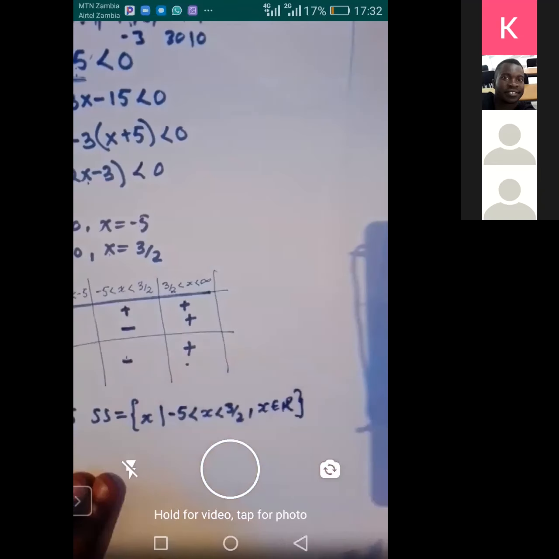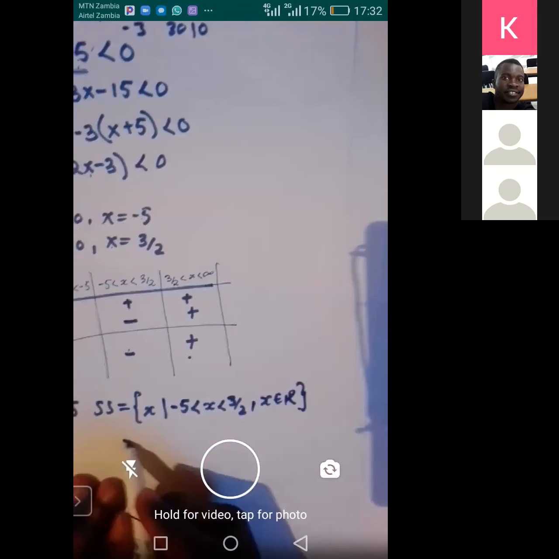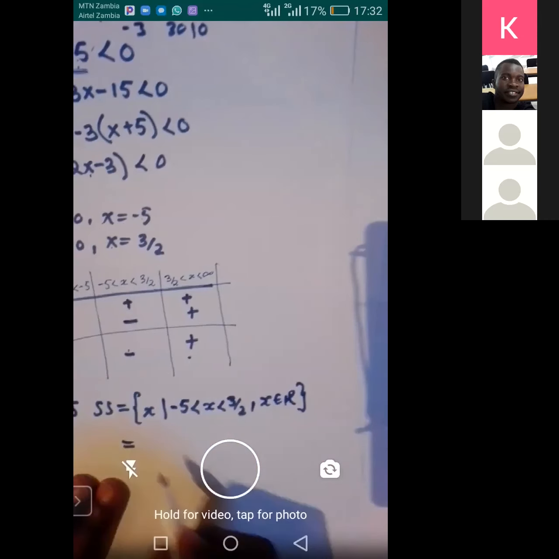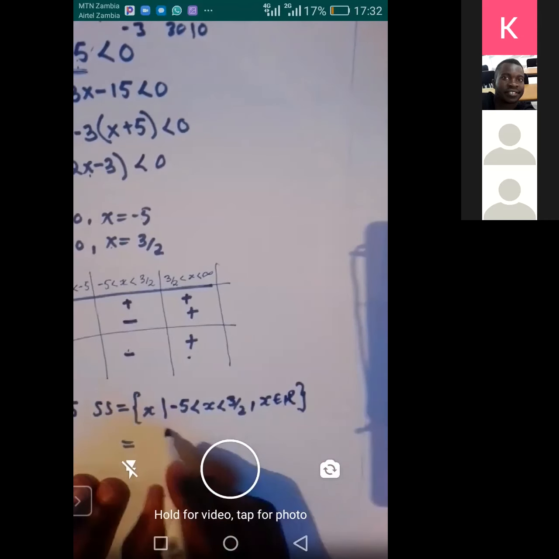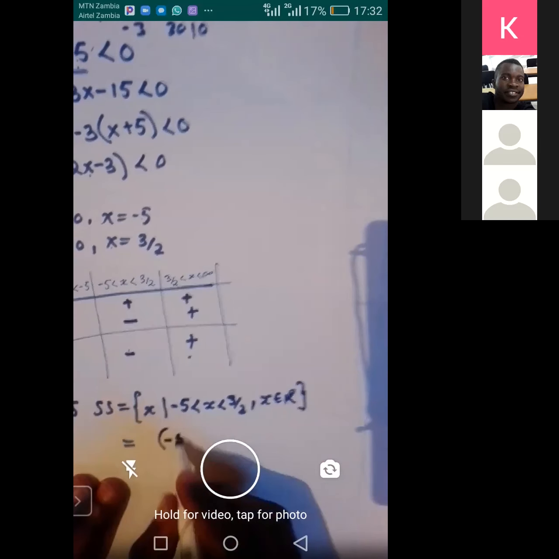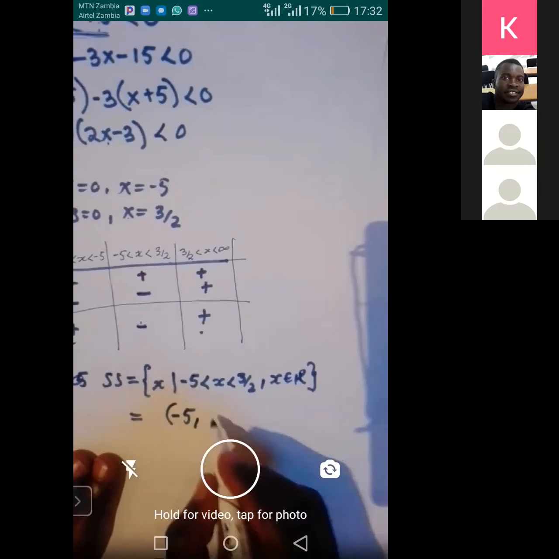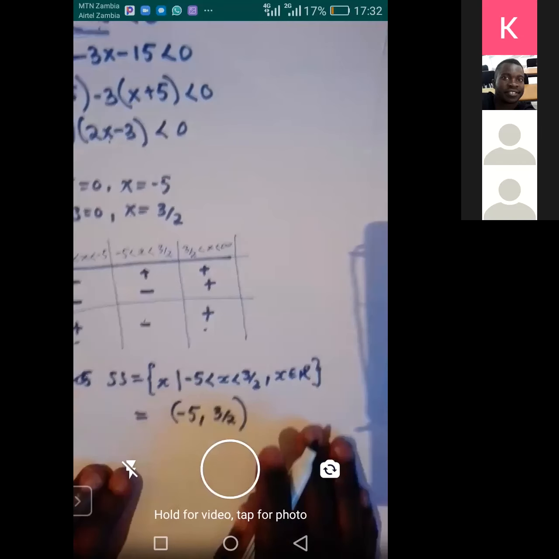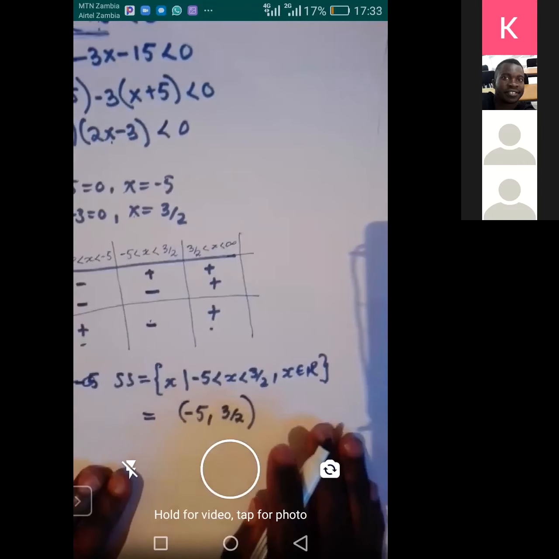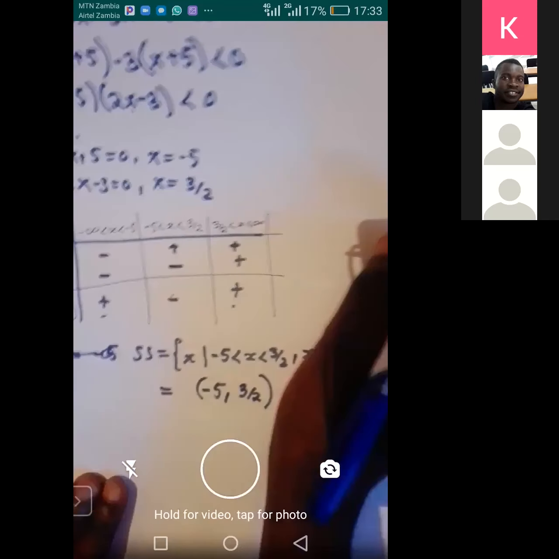So that is the solution set. Or if you want, in this other form, it's -5, not inclusive, all the way up to 3/2, not inclusive. So that is the solution set for this one here.